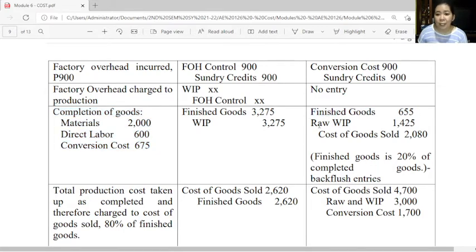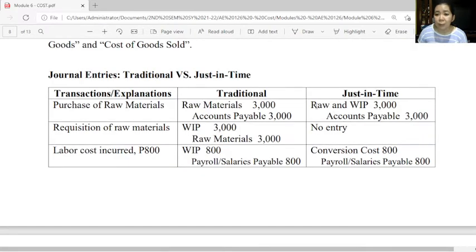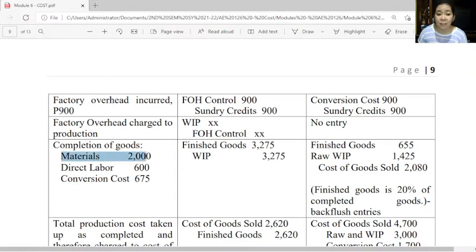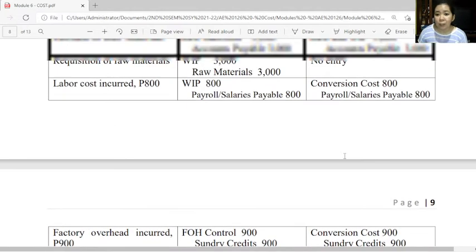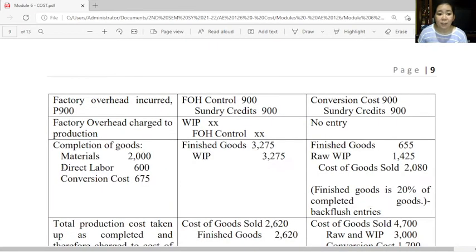For raw and work in process, we have here 1,425. This comes from our raw and work materials that was debited right here, which is 3,000, whereas the completed goods for materials is only 2,000, so that is 1,000. For direct labor, the debited amount right here is 800, and the completed goods is only 600, so the difference is 200.